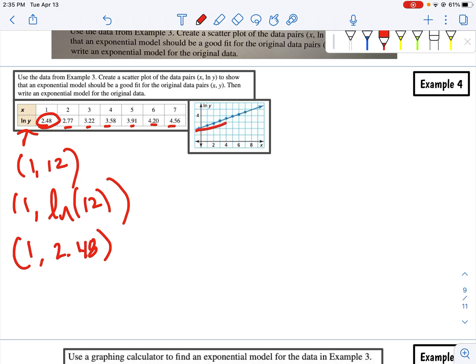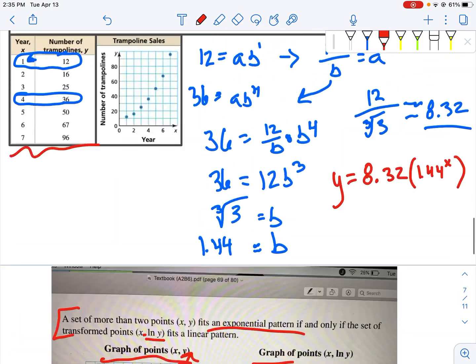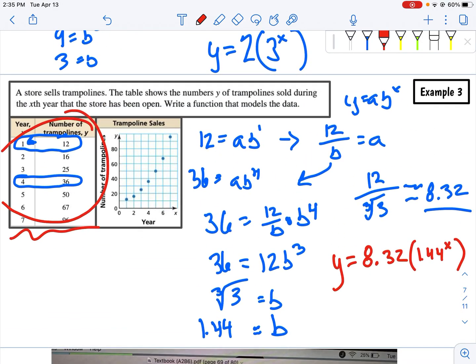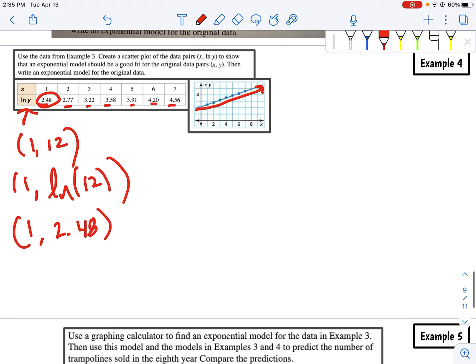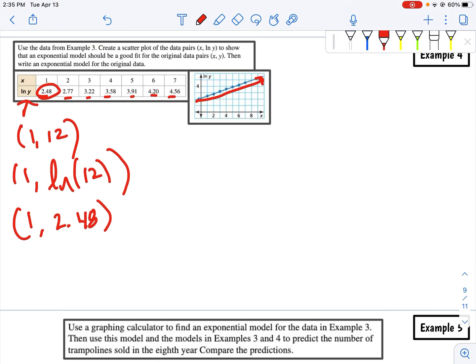All right, they're creating this line right here that is a best fit, or that best models this data in a linear form. So now with this line, what they have us do, it says write an exponential model for this data. And you're probably thinking, well, we have a line here, so how are we going to write an exponential model?